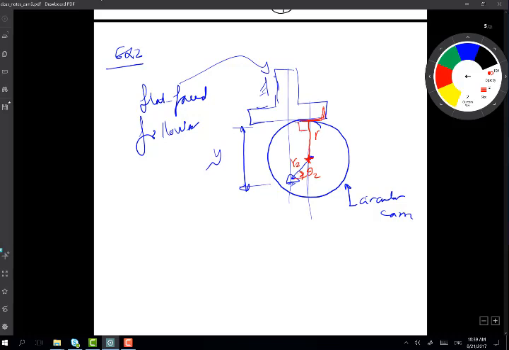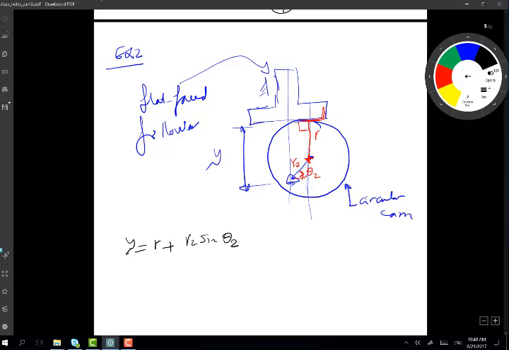So I can write an expression for y by saying y is equal to R plus this vertical distance, which is R2 sine theta 2. That's a simple expression for the position analysis.